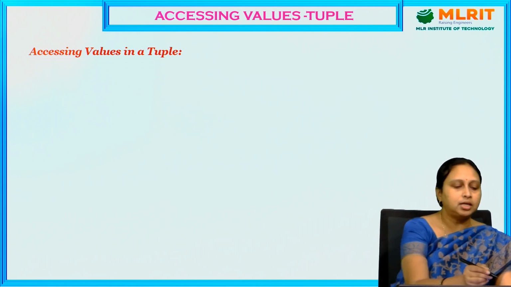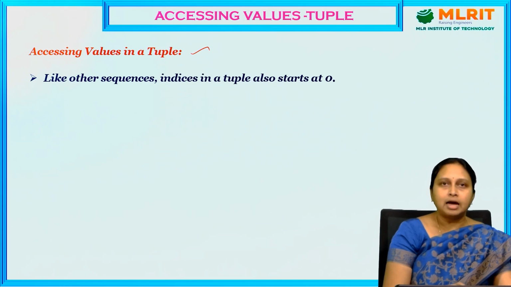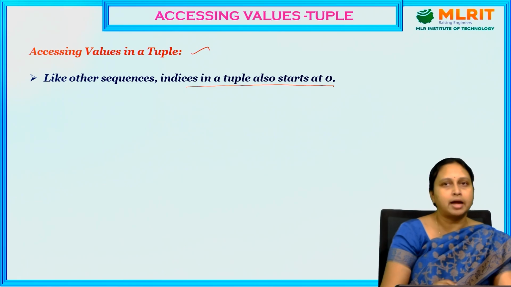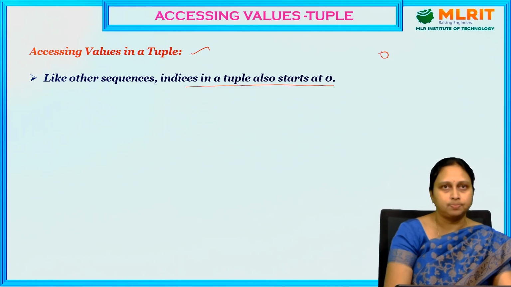Accessing values in a tuple means, like other sequences, indices in a tuple also start at 0. As we have seen in the list, the index starts from 0 onwards. In the same way, in the tuple also, the indices start from 0 onwards.